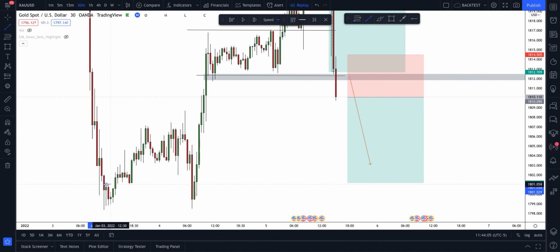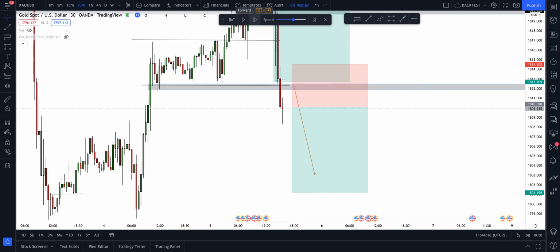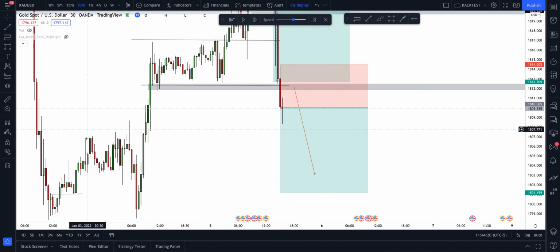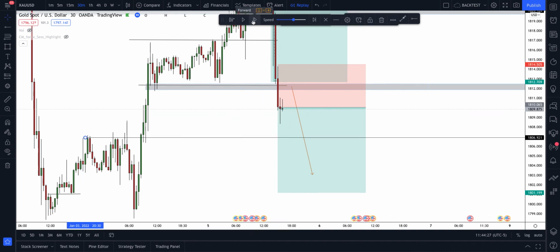Small moves. See, we got break and retest, break and retest. So this would be my TP level as well. I'll just be careful when price comes around this. I'll secure some because we got some rejection.